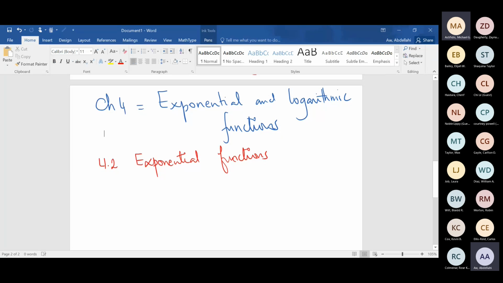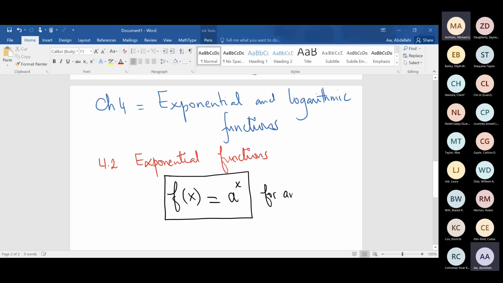So when we say f of x equals a to the x power, right? That is an exponential for any real number x.